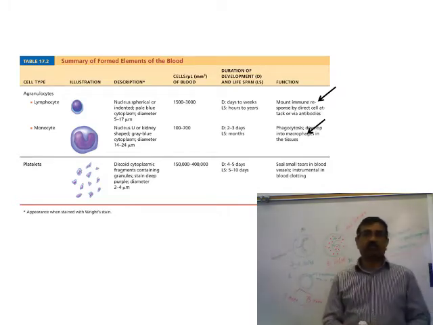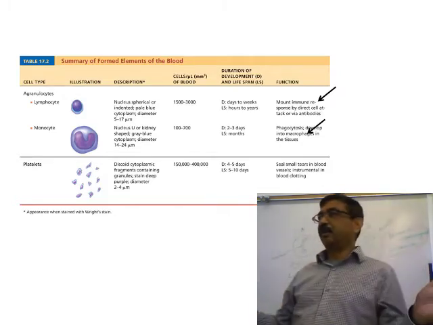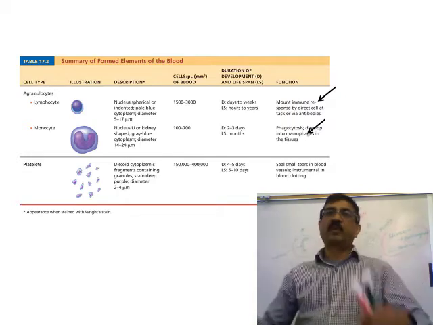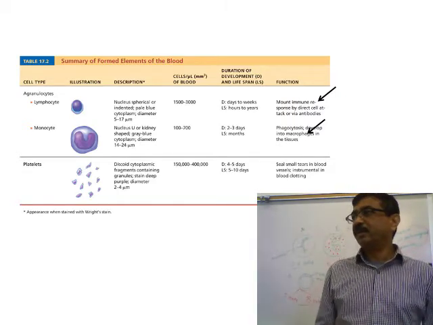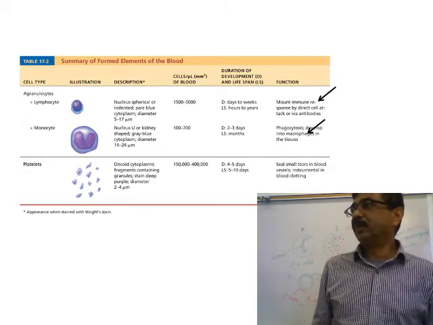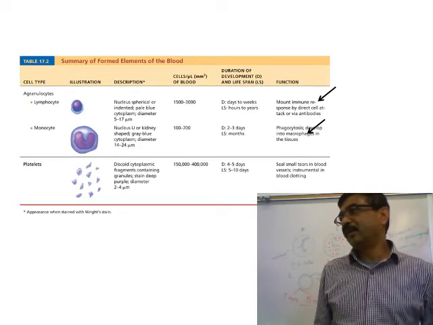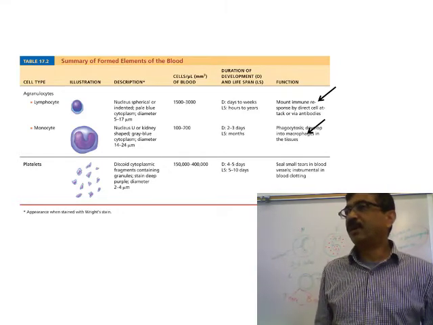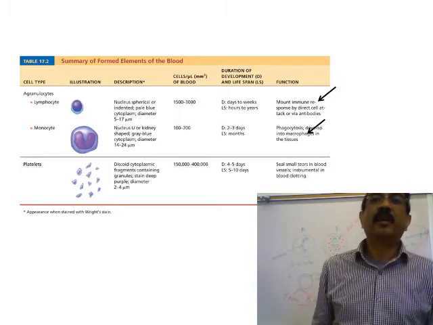Monocytes can do phagocytosis, or engulf big microorganisms or even worms in the body.